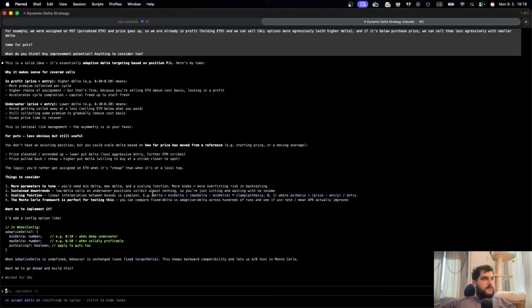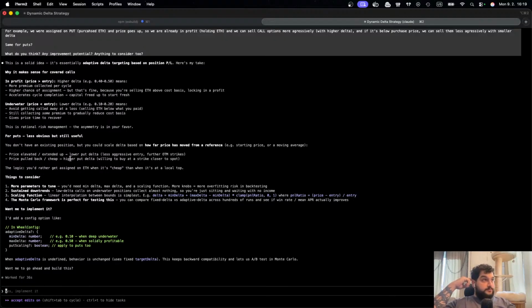Yeah, as you're just sitting and waiting with no income. Yeah, basically that's what I thought. Maybe we shouldn't even do this, especially if we're okay with holding Ethereum. Scaling function, linear interpolation between bounds is simplest.